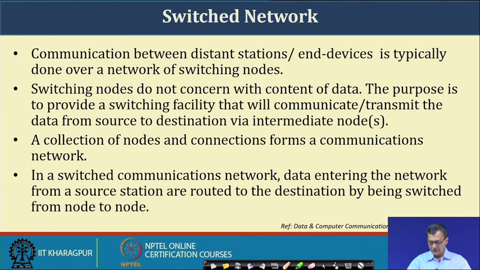Nevertheless, if we keep those challenges aside, and look later at how reliability can be attained and what the mechanisms are, what we try to see is how information or data from the source station can go to the destination, one hop to another.